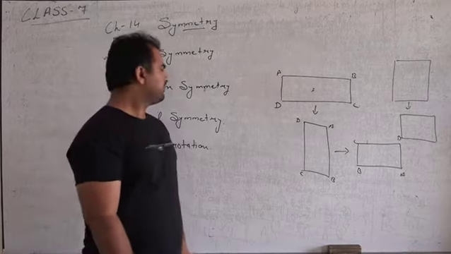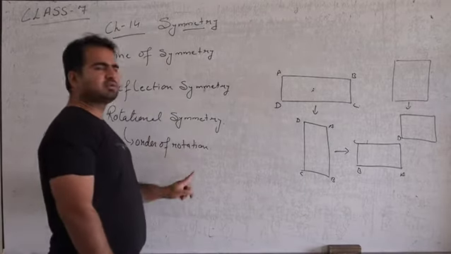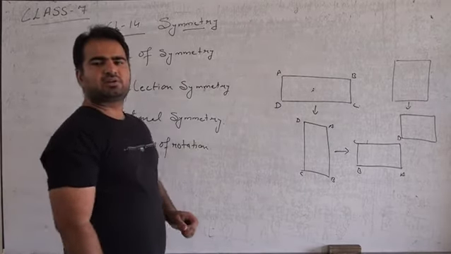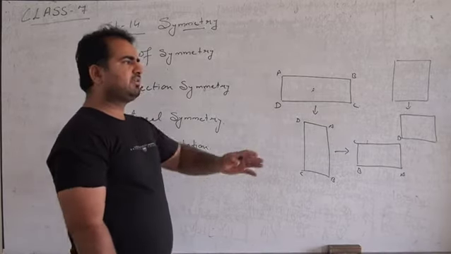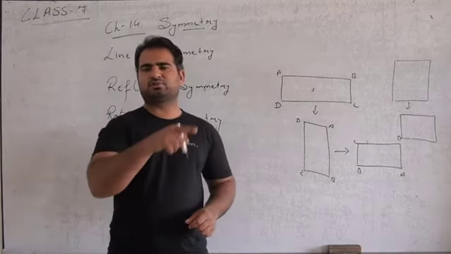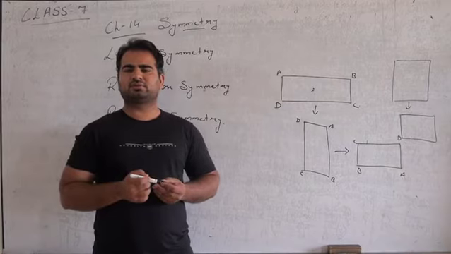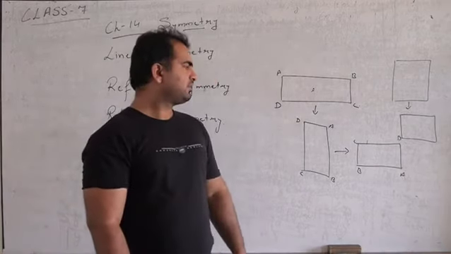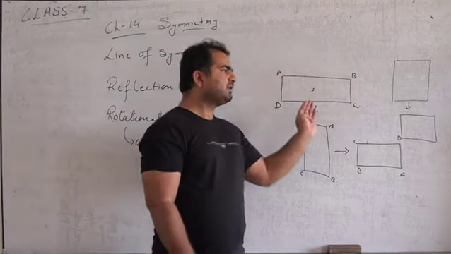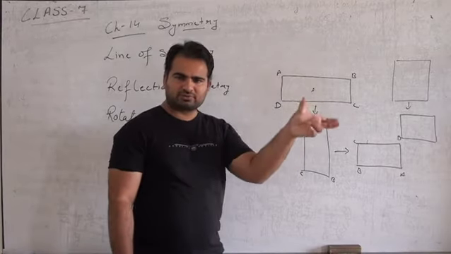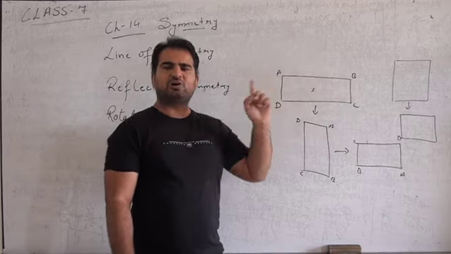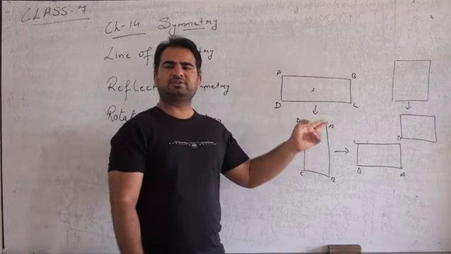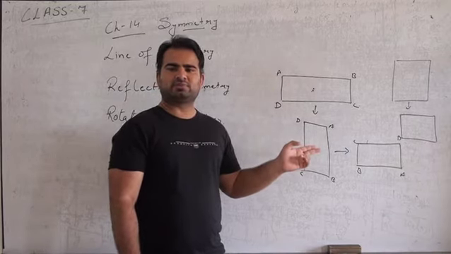Okay. Then the next topic is the order of rotation. We all know that the total angle of a complete circle is 360 degrees. So if we rotate the object 360 degrees, how many times will it have the same shape?